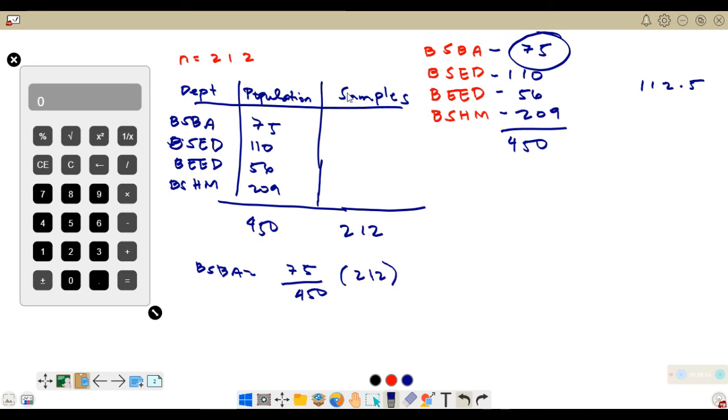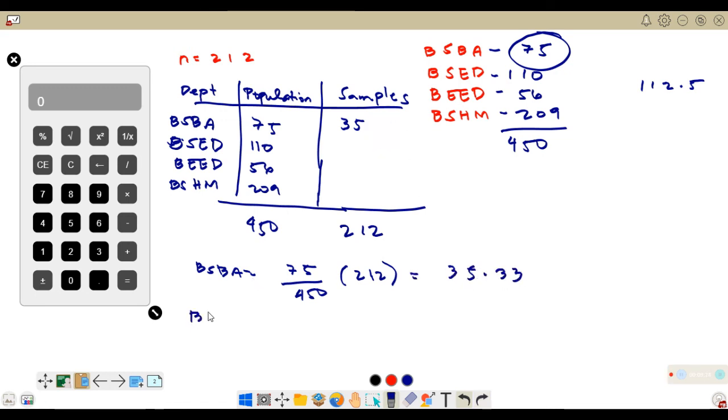And that is the total number of samples coming from BSBA. So, let's compute. 75 divided by 450 is 0.17 times natin siya by 212. You will end up with 35.33 or i-round down na lang natin siya. Pwede na yung 35.